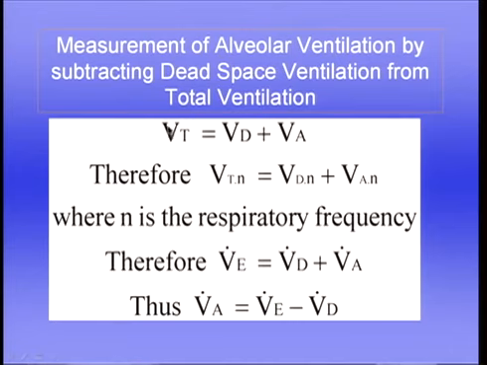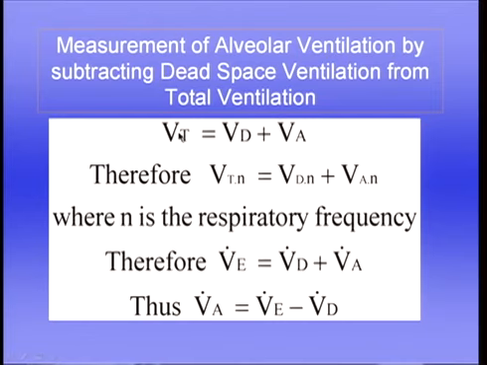V stands for volume, sub T means tidal. So this is tidal volume, this is dead space volume, and this is the volume coming from the alveoli. Incidentally, as we go on, you'll see that in the gas phase, we always use uppercase letters to indicate the gas phase here. We use lowercase for the blood phase, which we'll be talking about next time.